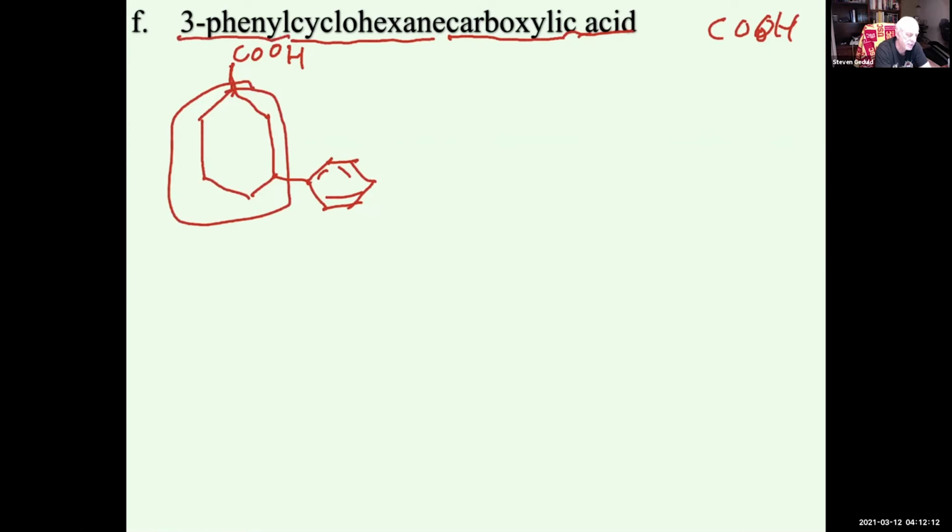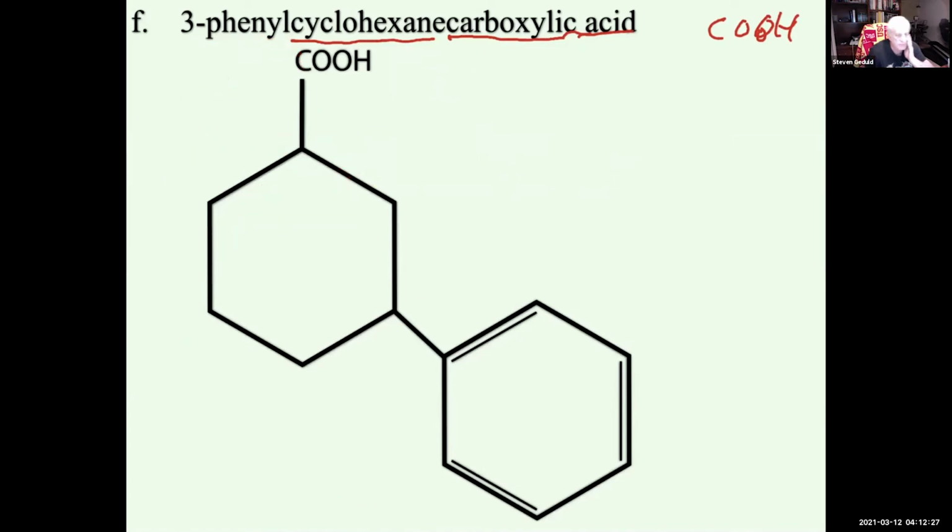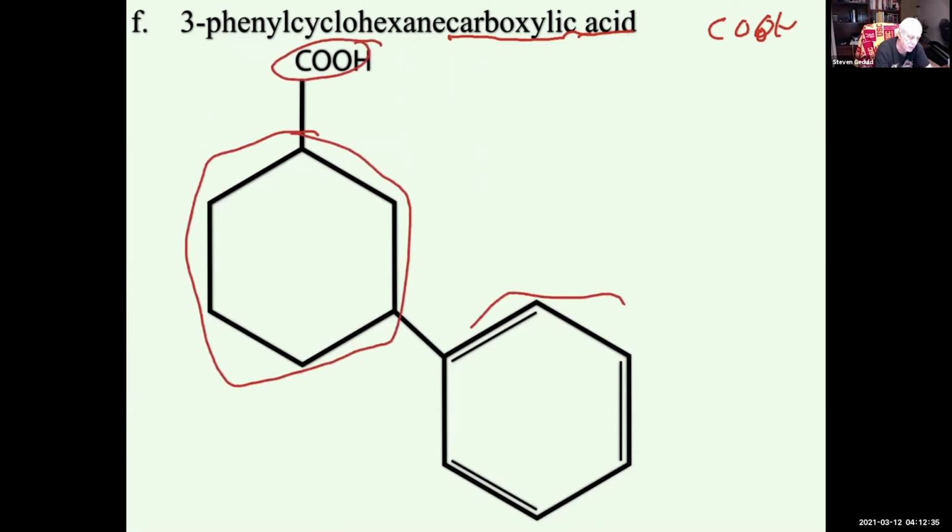Here we have 3-phenyl cyclohexane carboxylic acid. So cyclohexane carboxylic acid, and then number 3 position is a benzene ring attached to it. That's your phenyl group. Let me get some of that out of the way so you can see a little bit better. This is your carboxylic acid, this is your cyclohexane, and this is your phenyl group attached to the number 3 position.